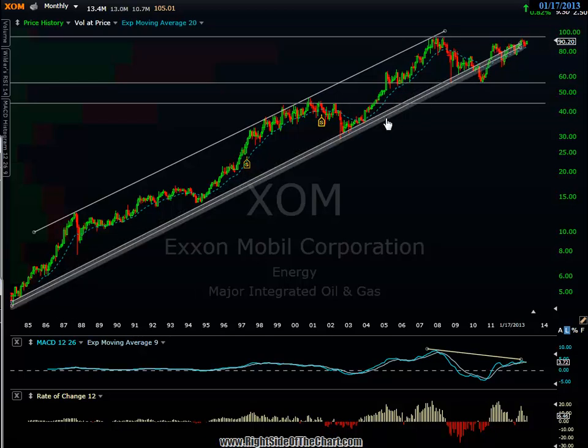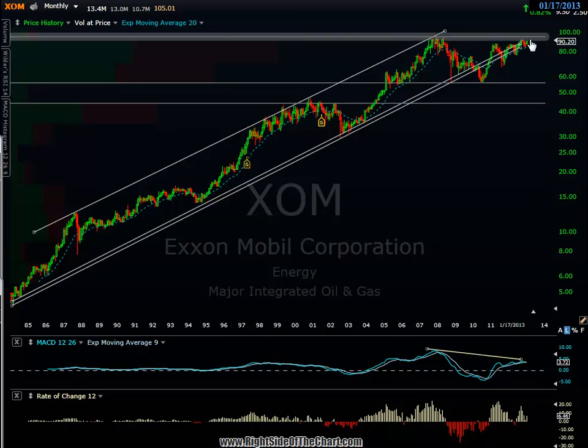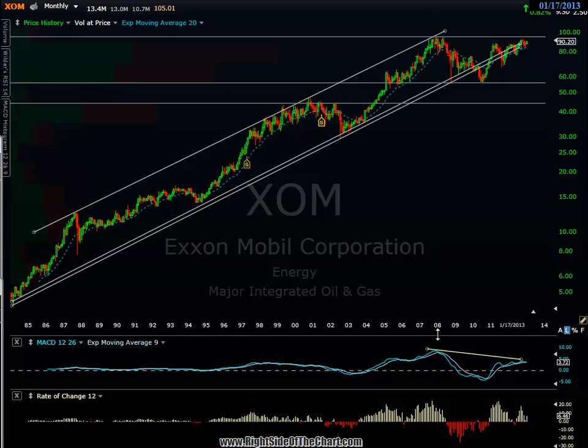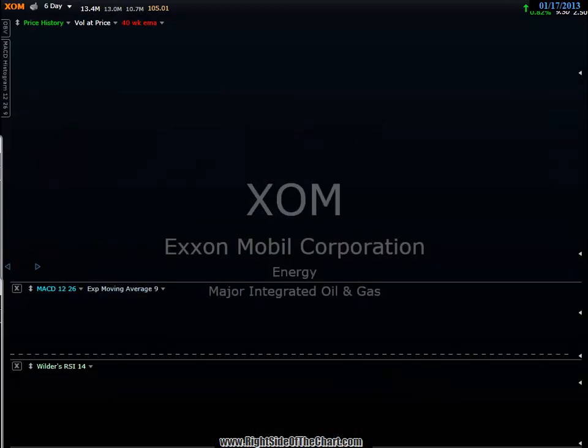I have parallel lines defining the bottom of that channel, and we've really been flirting there. Overall, if XOM makes an equal or higher high, we're going to have some significant negative divergences in place, multi-year divergences going all the way back to late 2007. So that's the monthly chart overall, looking a little bearish to me.